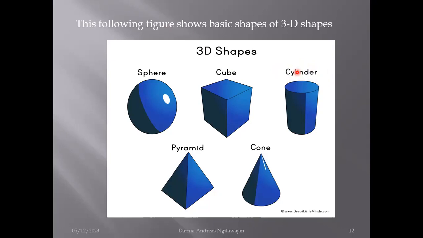Cylinder. Okay, cylinder. Okay, PYRAMID. Pyramid. Okay. Now the last one I pronounce is cone. But let's make sure it's Google Translator. Cone. Exactly. Cone. Okay.